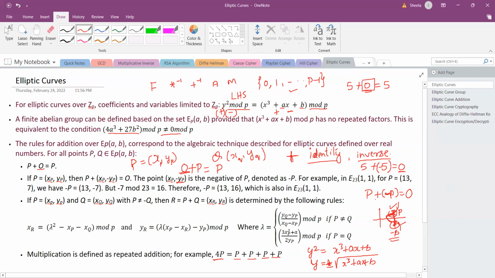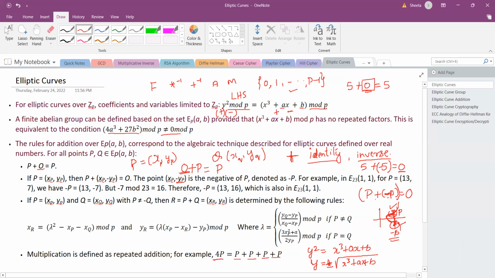And after changing the sign of the y coordinate, if we perform addition of these 2 points, then we get the additive identity, that is nothing but the point at infinity. Okay, this is how we consider the negative point.